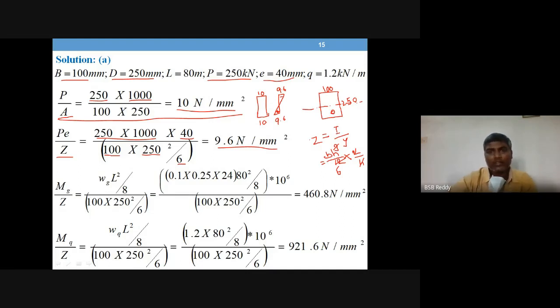This is the stress diagram for stresses coming from the pre-stressing tendon.